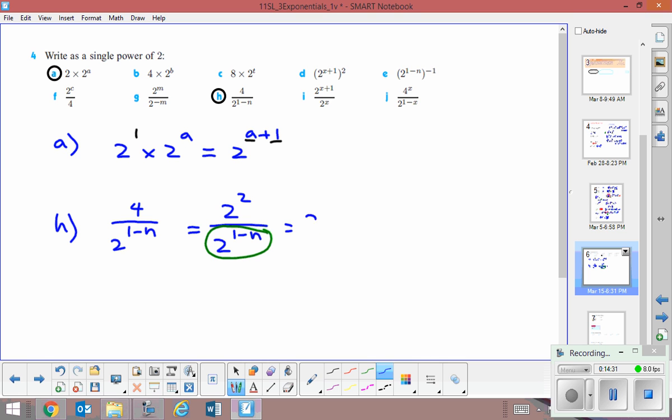So that means we've got 2 to the 2 minus, use your brackets to remind you that everything has to be subtracted. So we get 2 to the, what, 2 minus 1 is 1, minus n makes plus n. So you can write it like that, or you can do the swap around with 2 to the n plus 1. Both answers are acceptable.